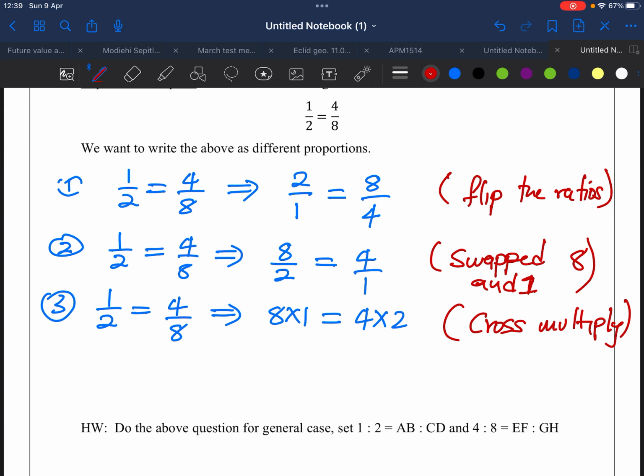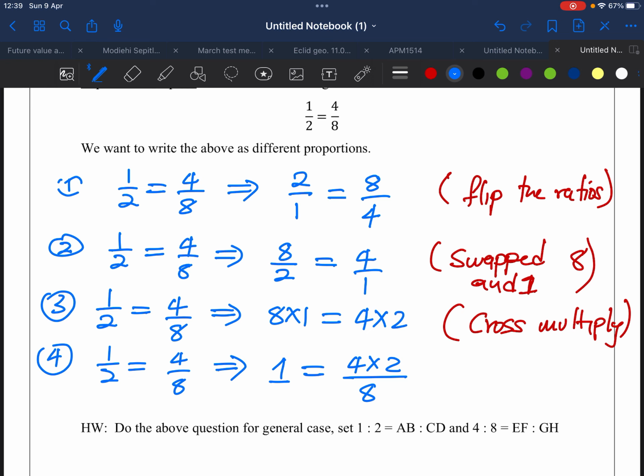Now let's say you had again 1 over 2 equivalent to 4 over 8. This can be written as 1 equivalent to 4 times 2 divided by 8.